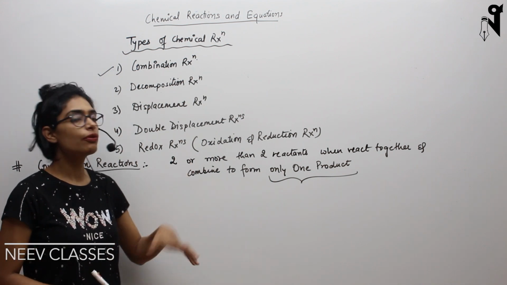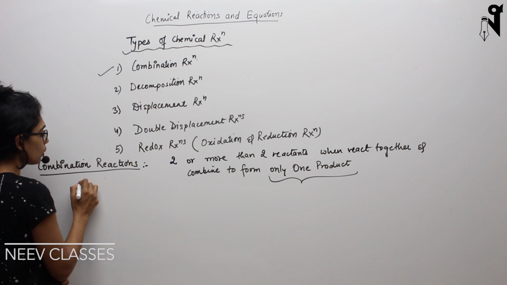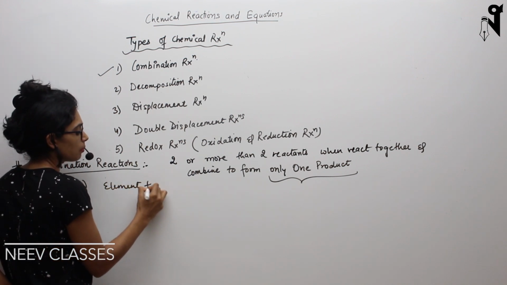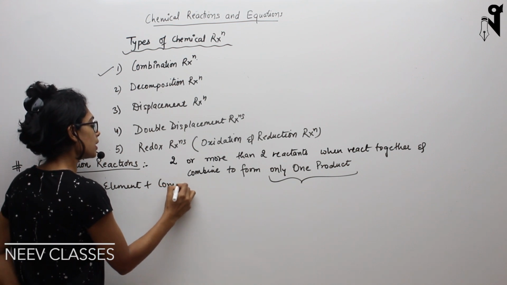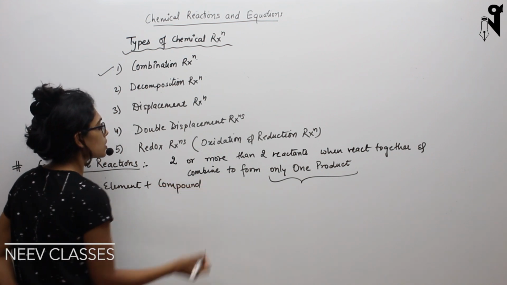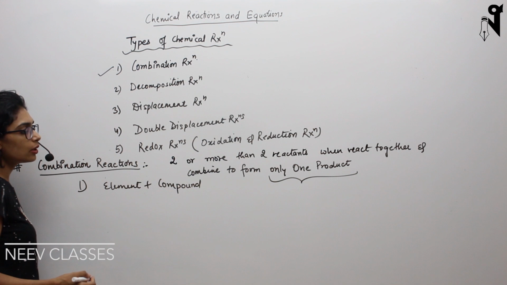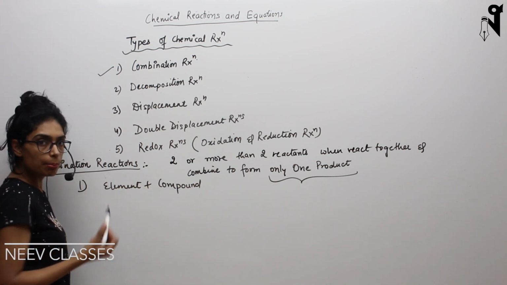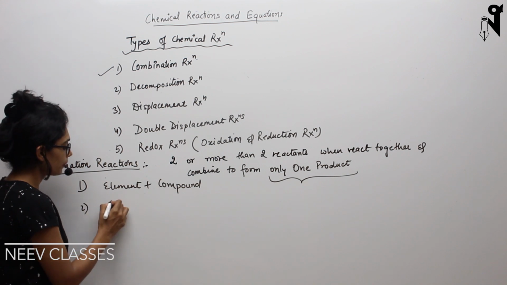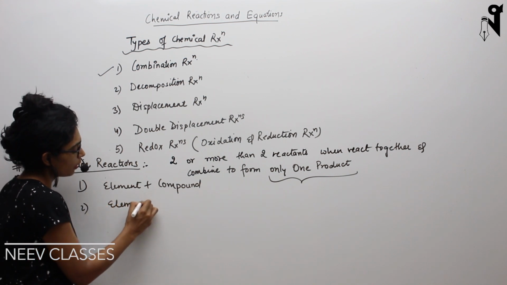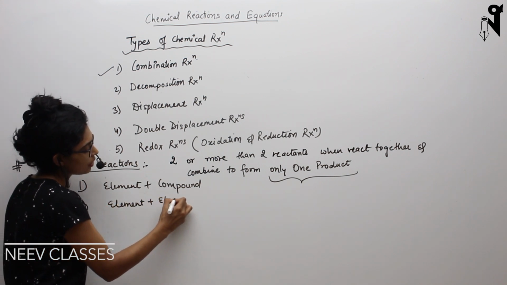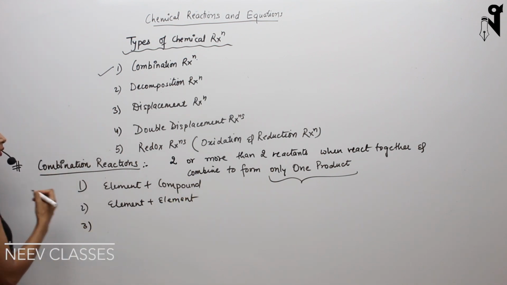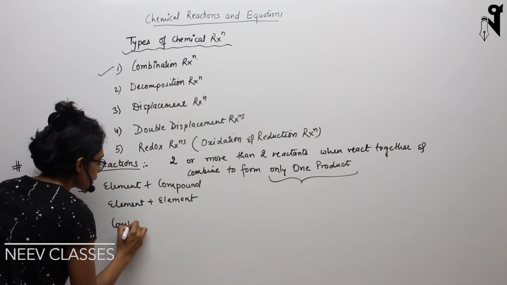So what different types of reactants can we have? We can have a combination of an element plus a compound. Basically one is an element, the other is a compound, reacting together. So either one element and one compound can react, or one element can react with another element, or one compound can react with another compound.